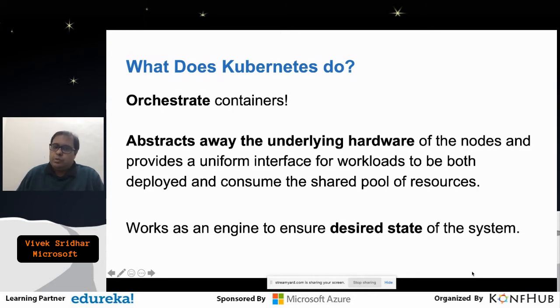So, what does Kubernetes do? The main thing is to orchestrate containers. That's the basic thing about Kubernetes. You might have 15 VMs or 100 VMs, and to manage these VMs you need an abstraction layer. If the containers are running in these VMs, Kubernetes provides an abstraction layer for this; it's nothing but a hardware abstraction.